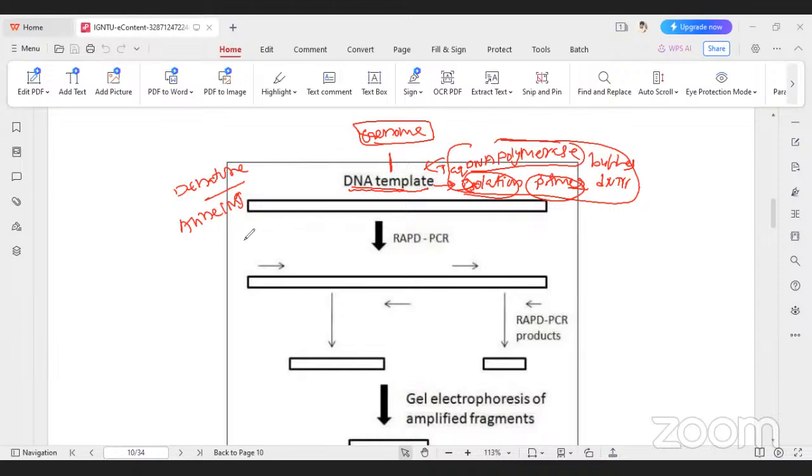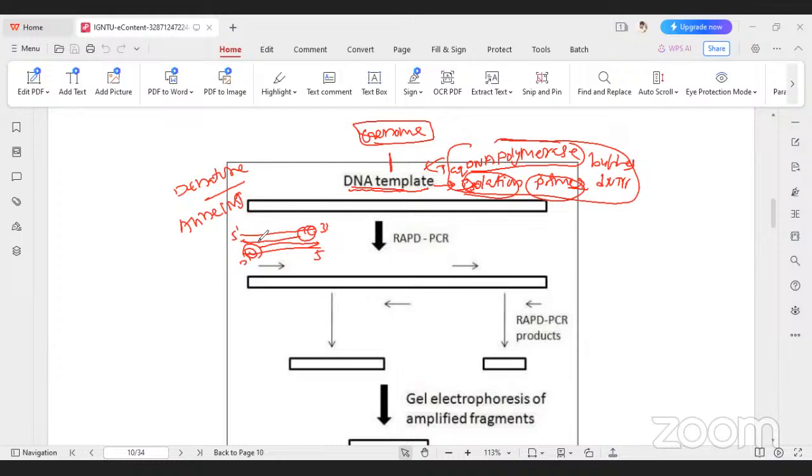For example, this is one strand, this is another strand, 5 to 3 and 3 to 5. So always in the annealing process, primers attach here. And last, extension. During extension, Taq DNA polymerase adds towards the 3 end. Now it is extended in the 5 end direction.